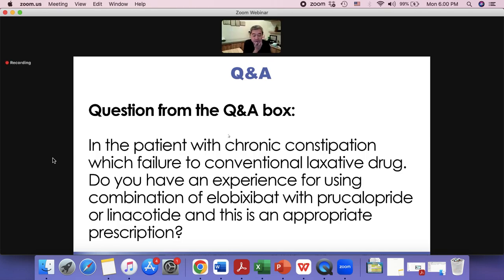Okay, so the next question is from Dr. Hastomo Prabowo, who asks, does this medicine, Elobixibat, affect patients with colitis or irritable bowel syndrome, IBS?